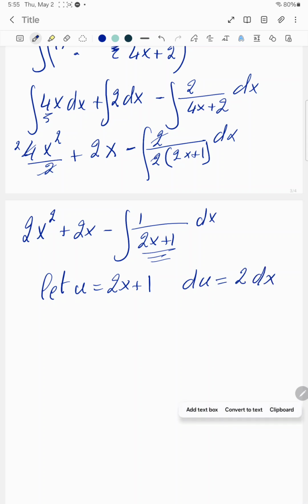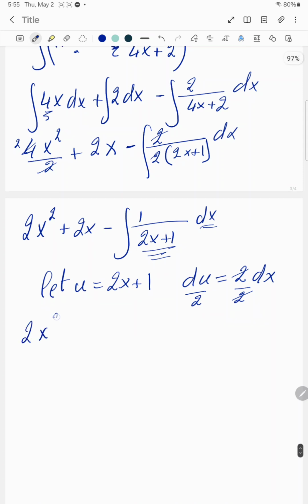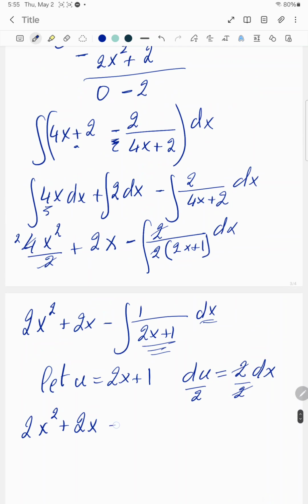And if I want dx alone, I can divide by 2 here and divide by 2 here. So my dx becomes du over 2. So my integral will become 2x squared plus 2x minus the integral of 1 over u times du over 2, because 2x plus 1 I replace by u, and the dx I replace by du over 2.